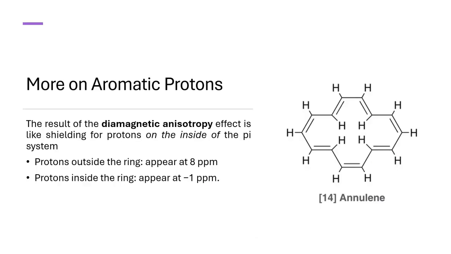More on aromatic protons. The result of the diamagnetic anisotropy effect is shielding for protons on the inside of the pi system. Protons outside the ring are going to appear at about 8 ppm for [14]annulene, but those inside the ring are at about -1 ppm.